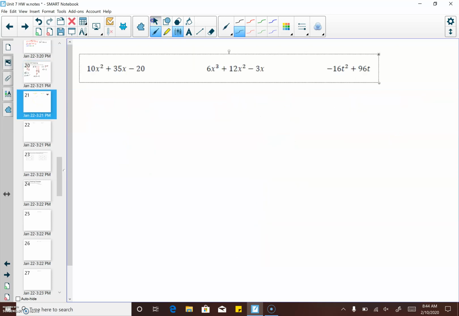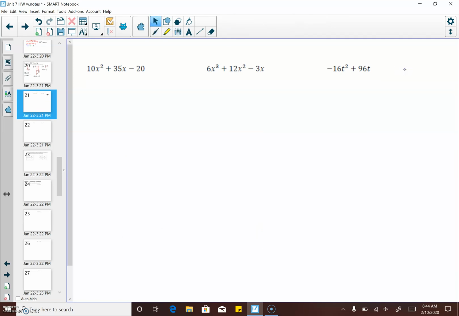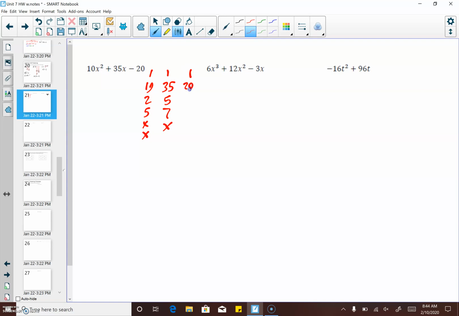As we go to the next one here, 10x squared plus 35x minus 20. Now what we need to do is find a GCF, something that goes into all of them. So 1 and 10, 2 and 5, x and x, 1 and 35, 5 and 7, and then x, and then 1 and 20, 2 and 10, and 4 and 5, and there's no x's in that one.